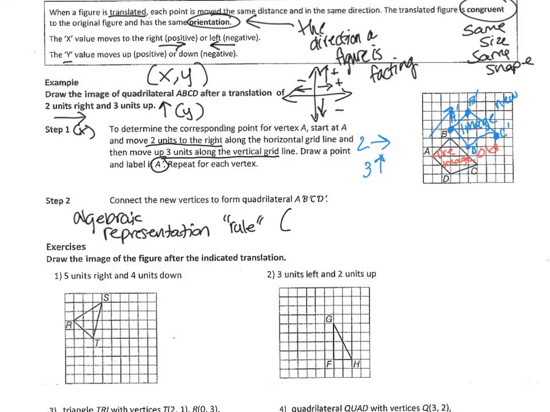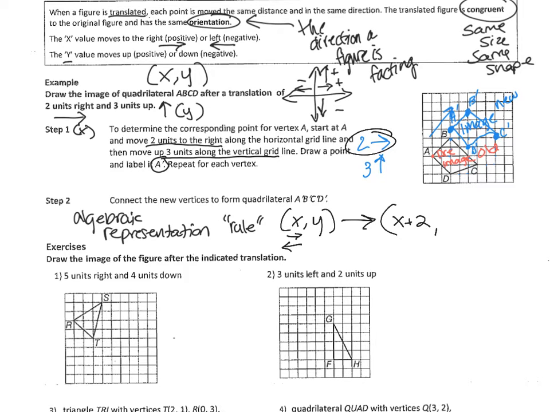So we started with generic x and y values, and we transformed it. And so our x value, since we either went right or left, positive or negative, we change our x value. So in this case, we went to the right. So those are our positive numbers. And we went to the right 2 spaces. So I'm going to say x plus 2.